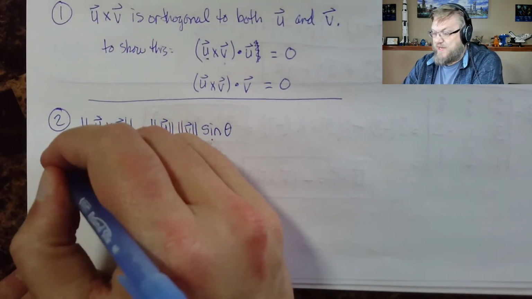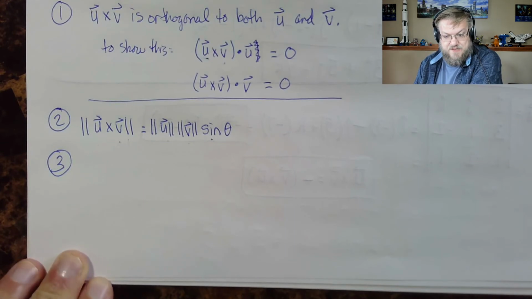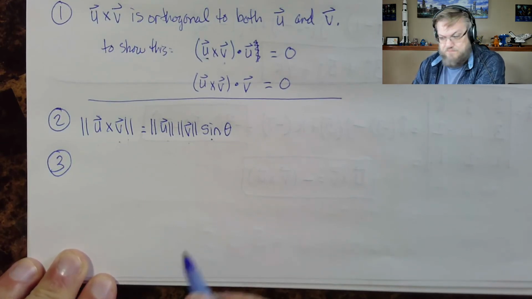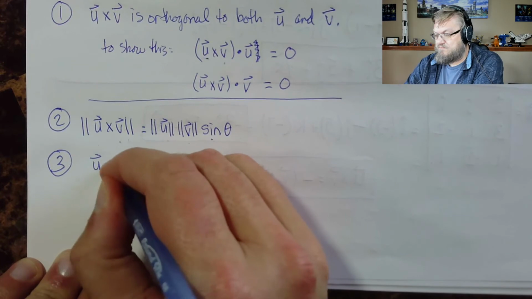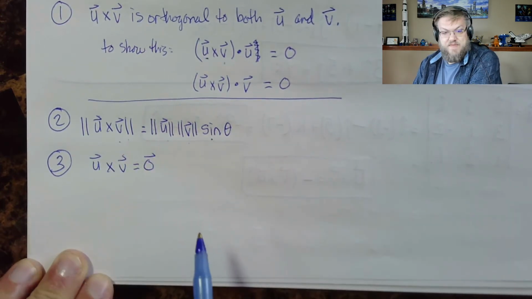Now, 3. If I happen to have two vectors whose cross product is 0, okay?